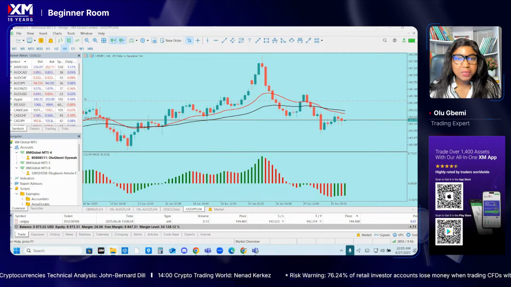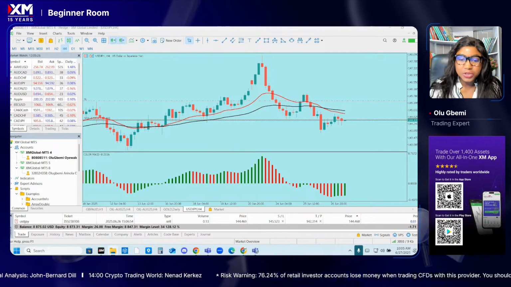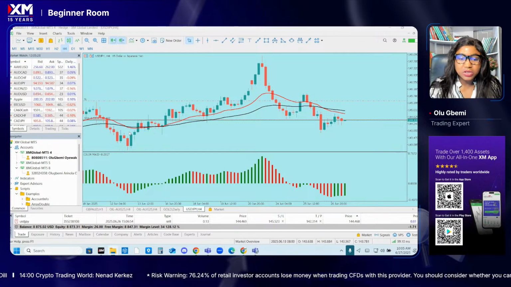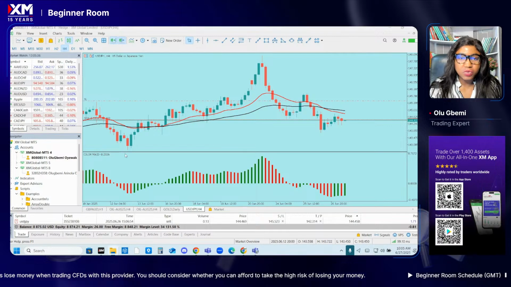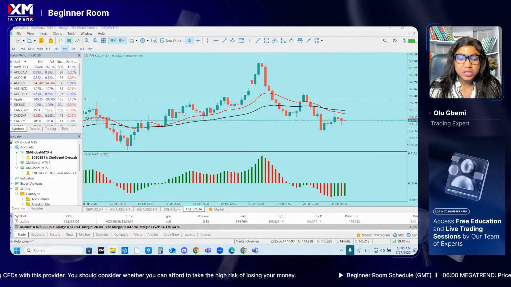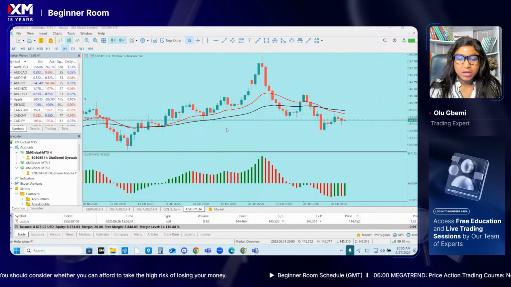Now, talking about patterns, these are shapes that are formed based on price behavior. The way the price moves, a lot of the time it doesn't just go straight. The price moves in waves, and because of this movement, many times we see patterns forming.